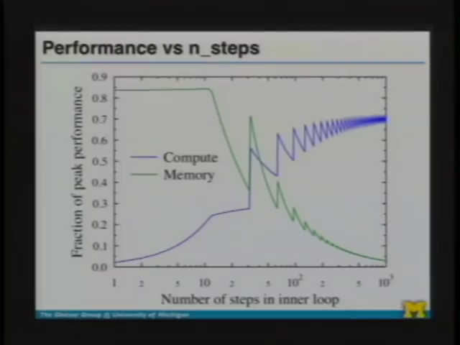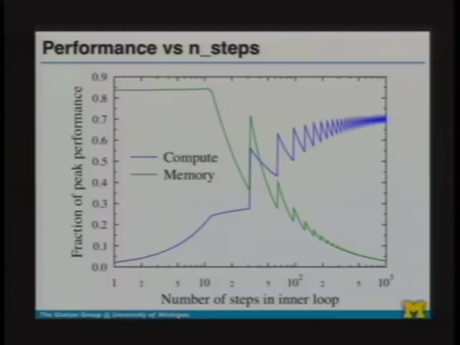So here's the cool plot that I've mentioned several times now. Here I'm varying the number of steps in that inner loop. Ignore the little spikes. They are just an effect of the loop unrolling, which is too hard to explain right now. But just look at the trend in the memory bandwidth, and I'm plotting this as a fraction of peak performance.